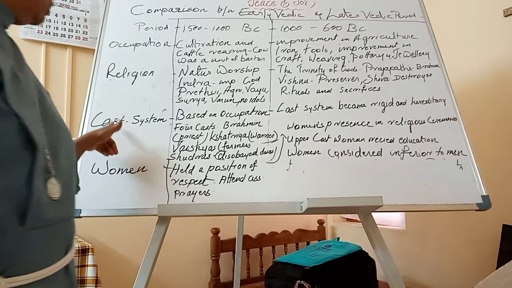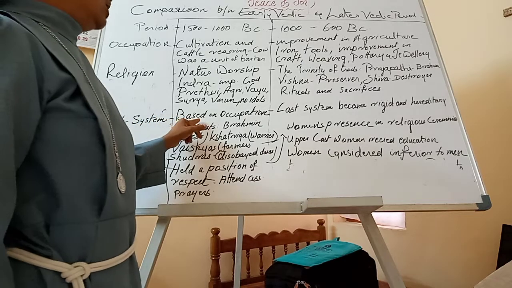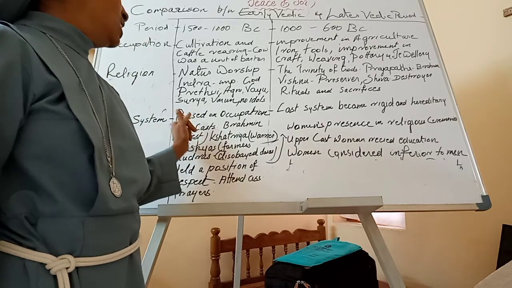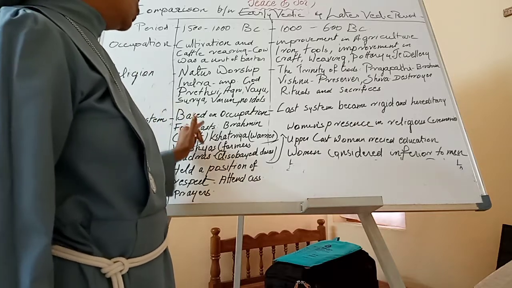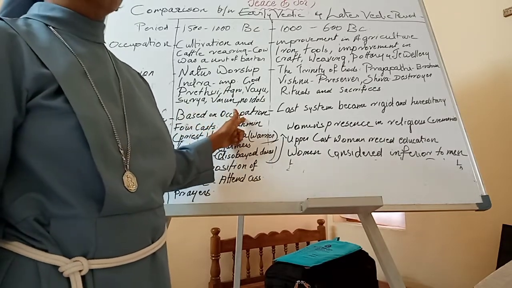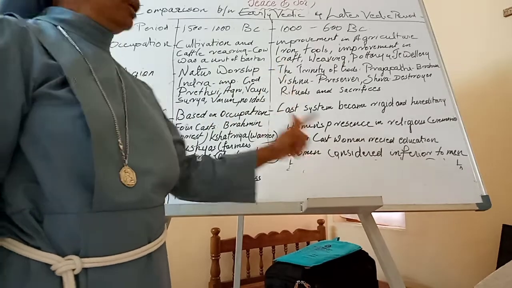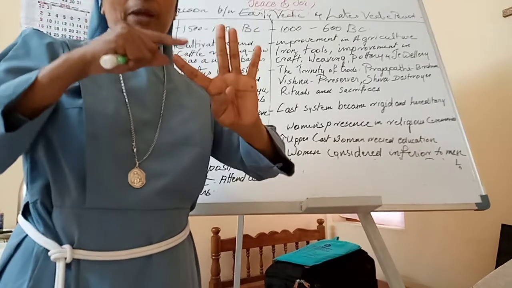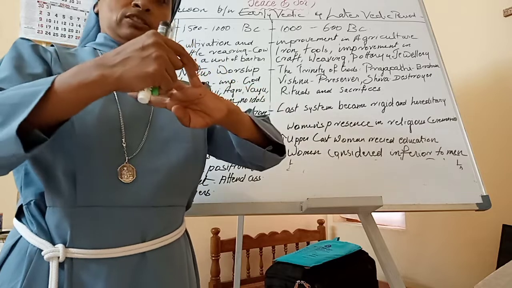Then we come to the point of the caste system. We understood that in the early Vedic period, there was the main occupation, but the caste was considered according to the occupation of the people, in which caste they belonged. We know that four castes were there: the Brahmins, Kshatriyas, Vaishyas and Shudras.